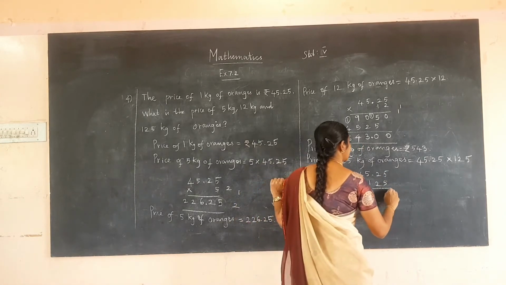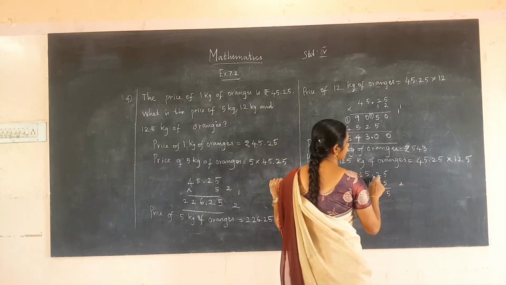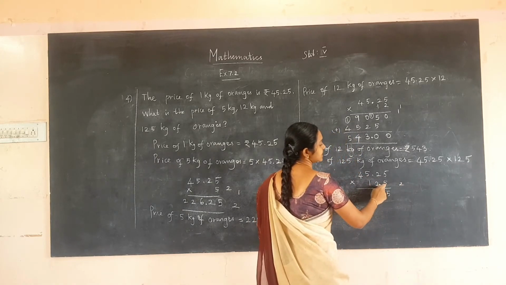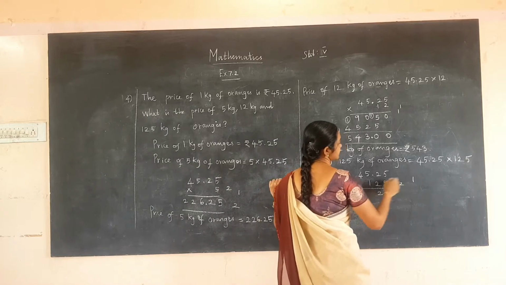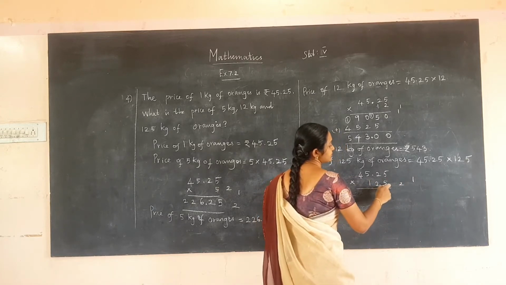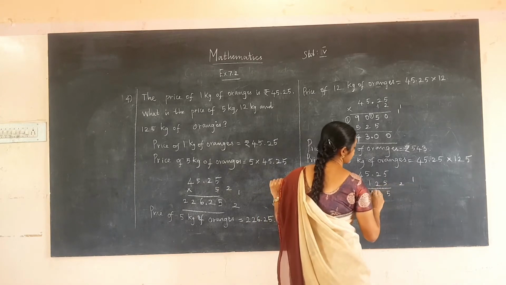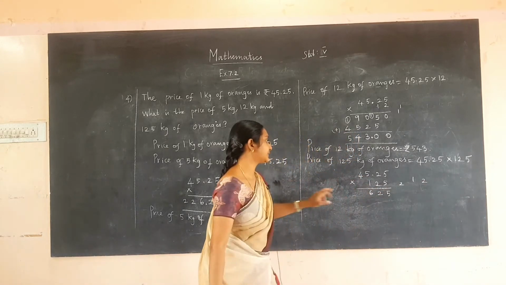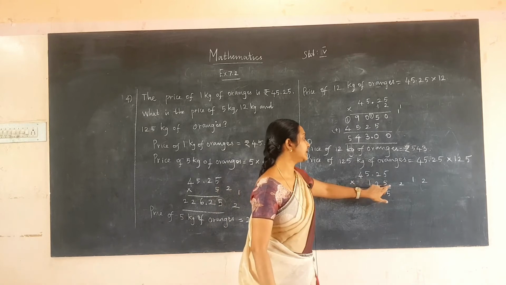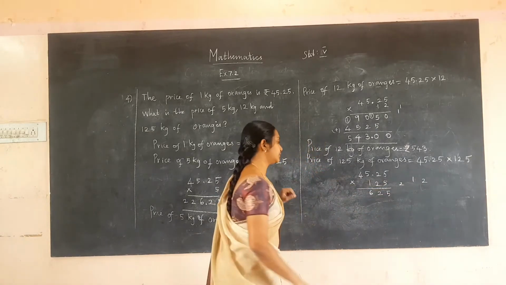So write 5 here and 2 is remaining. 5 into 2 is 10. 10 plus 2 is 12. So write 2 here and 1 is remaining. 5 into 5 is 25. 25 plus 1 is 26. So write 6 here and 2 is remaining. 5 4s are 20. 20 plus 2 is 22.